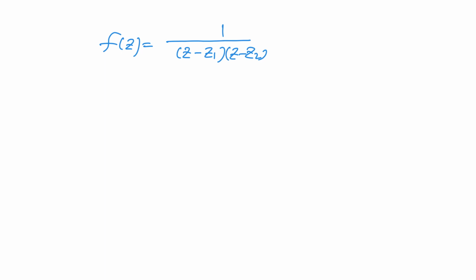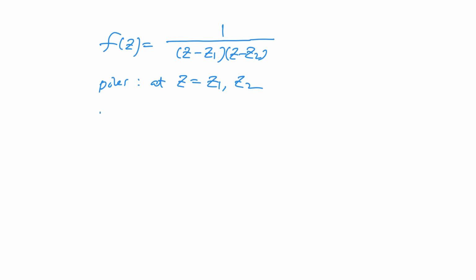So the simplest case is, we can differentiate over the simple pole, so poles at c1 and c2, right?